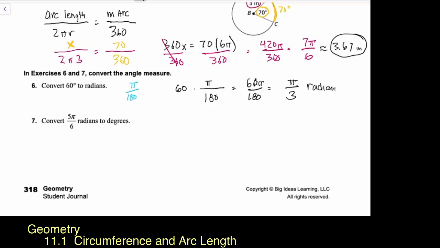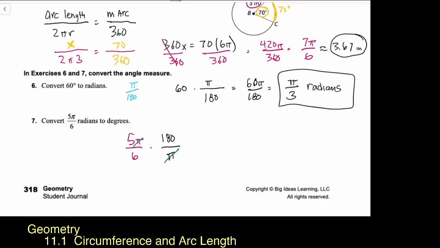Pretty simple. So let's go to number 7. We have a measurement in radians. And if I want to convert this to degrees, I'm going to have pi on the bottom and 180 on top. Because look what happens: pi cancels out when we cross multiply. So without pi, we're in degree mode.